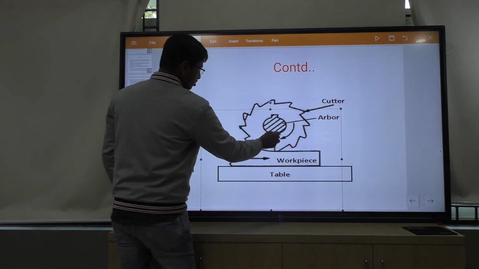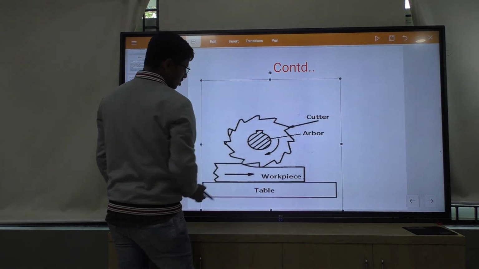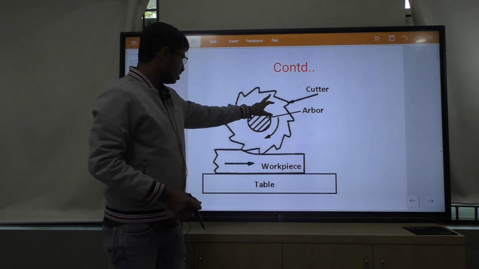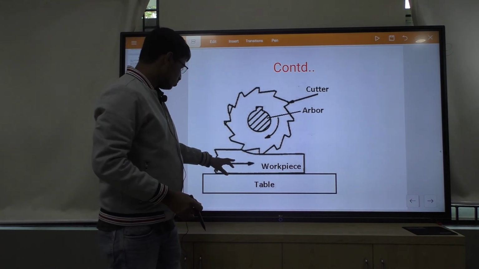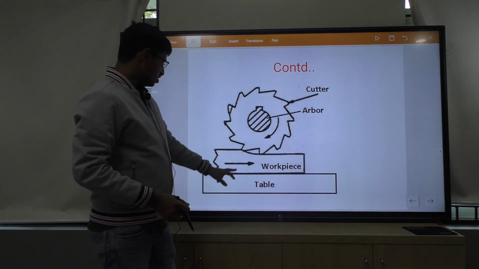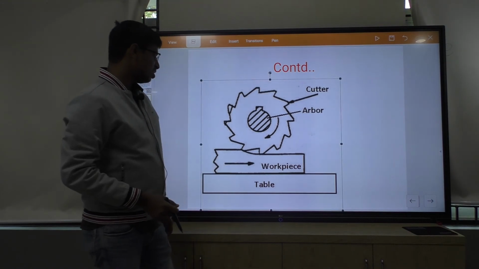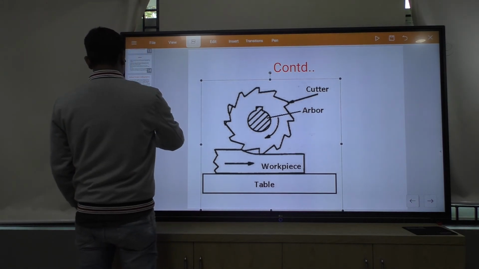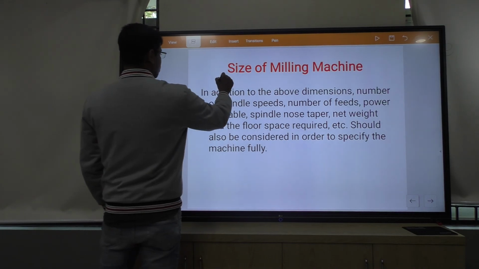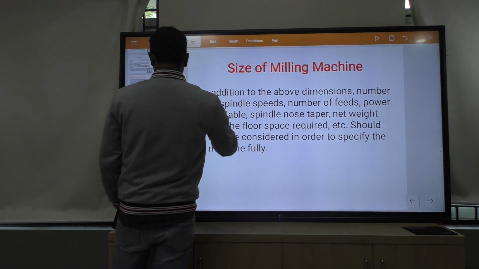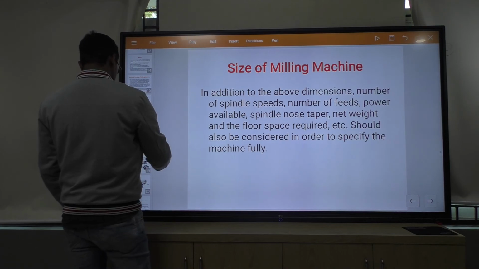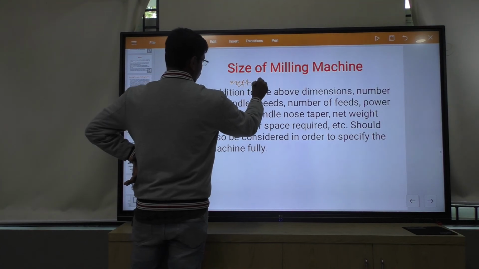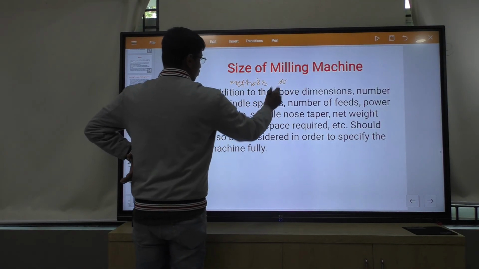If we rotate this cutter, the multi-point cutting teeth remove material from this workpiece, which was placed on the table. Then we look at the methods of milling.